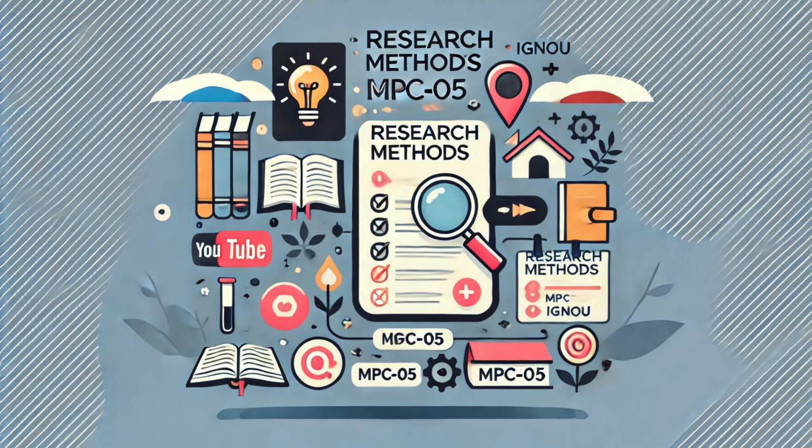And then there's the whole world of quasi-experimental designs, which are super valuable for studying real-world situations, but they come with their own set of challenges when it comes to controlling variables. So it's all about choosing the best fit for the research question and being aware of the limitations.